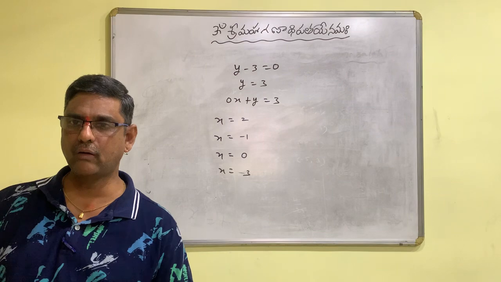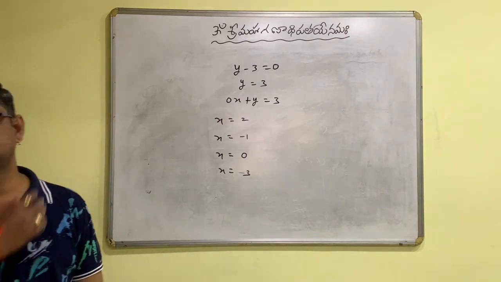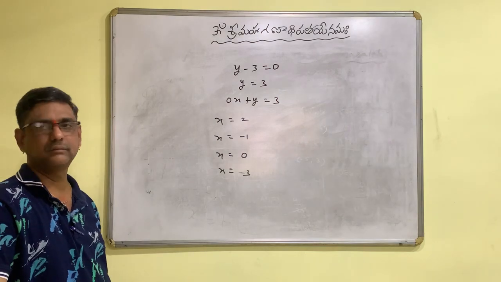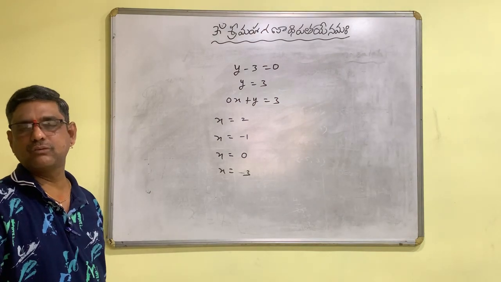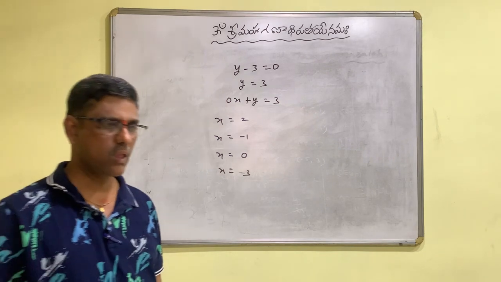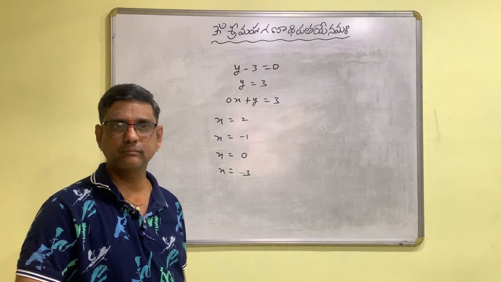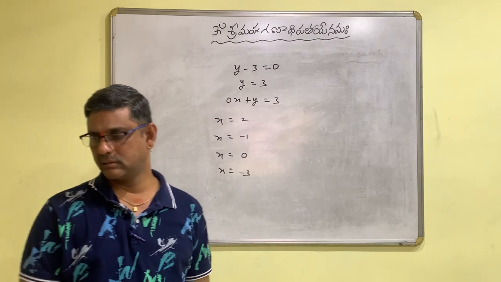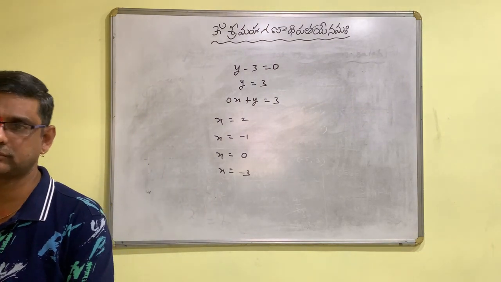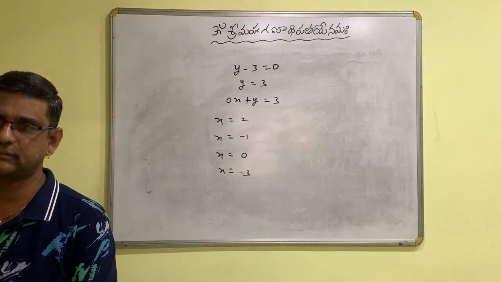Okay, now find out y. Find out the y value. How much will you get, children? 3 only.